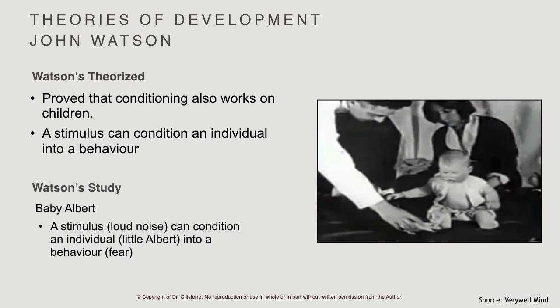When he introduced an object, little Albert was not afraid, and then when he introduced the object with a loud sound, baby Albert became afraid, and that is when the fear was conditioned, because now when the baby saw the object or heard the sound, they were afraid, even though prior to that, they were not afraid of the object or sound.